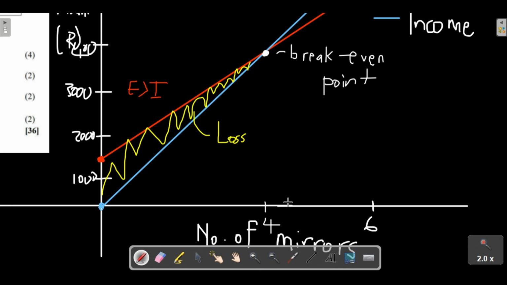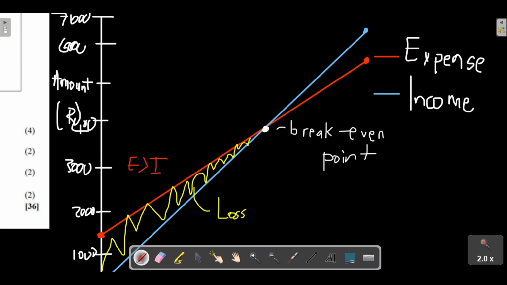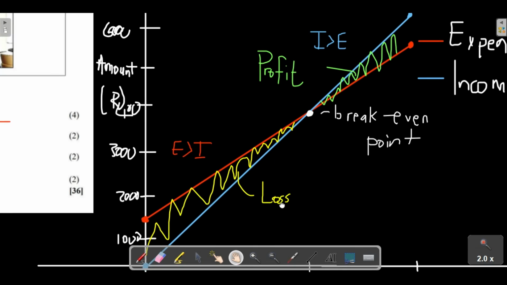If he wants to make a profit, he should sell more than 4, so he should be in this region, where the income graph is over the expense graph. This region records a profit. So he needs to sell more than 4 mirrors per month.